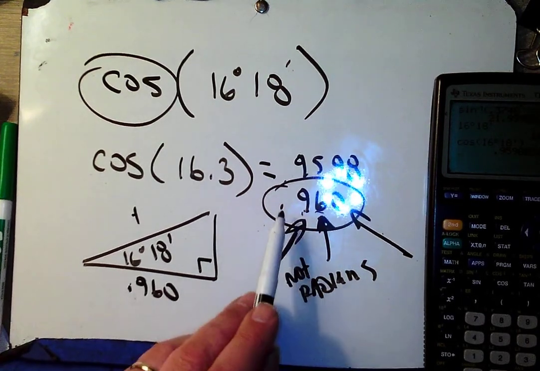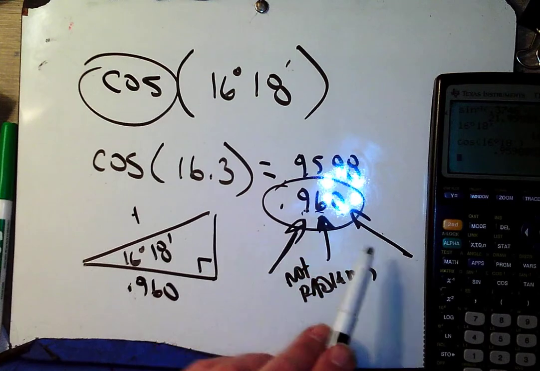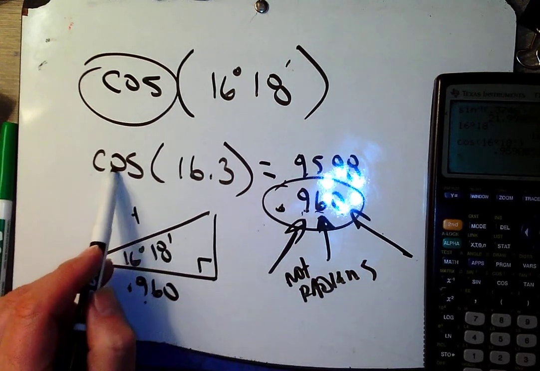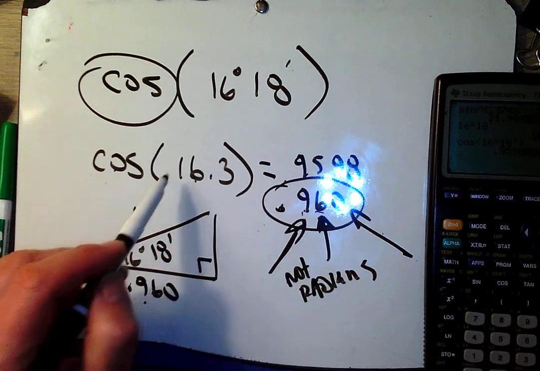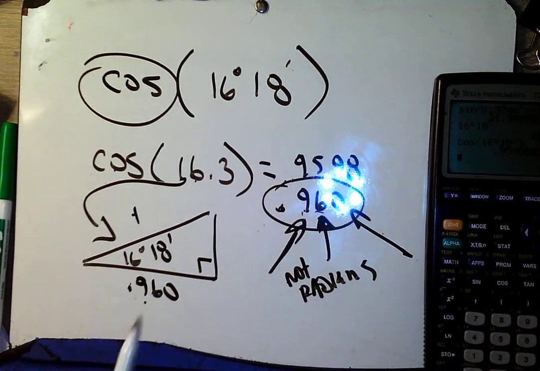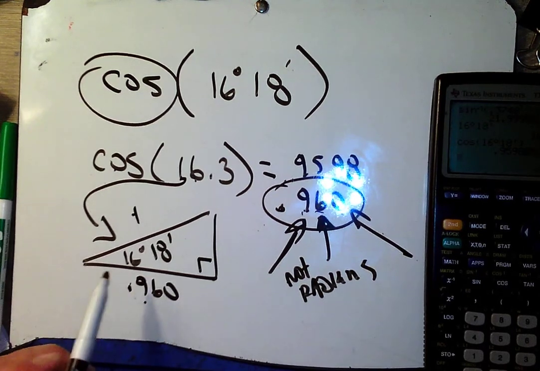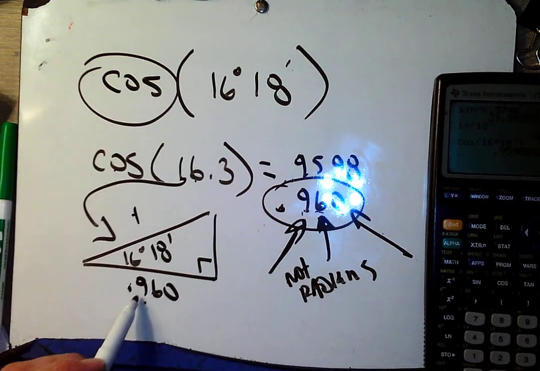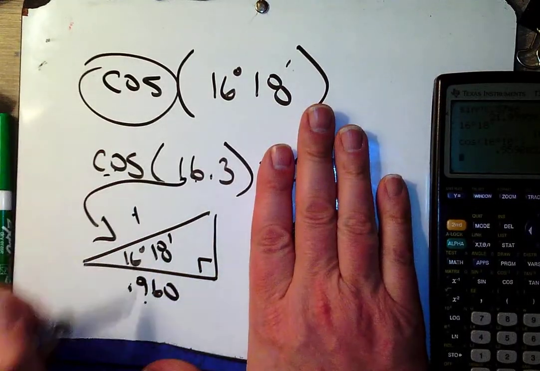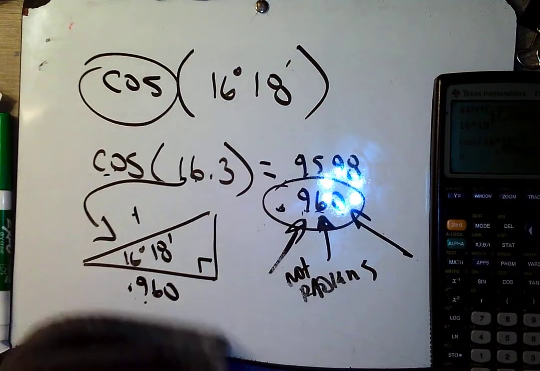This answer is not degrees, it's not radians, this is not an angle, it's a side length. I knew that the cosine of that angle was equal to 0.9598, and that's what I was finding out. Yeah, just the cosine. I'll move on to the next one.